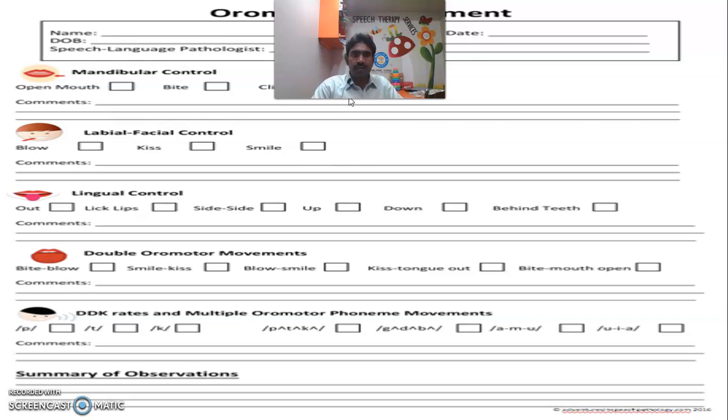After that, facial control: can the child do alternate kiss and smile, or partially? It shows you the alternating movements of the child's lips.